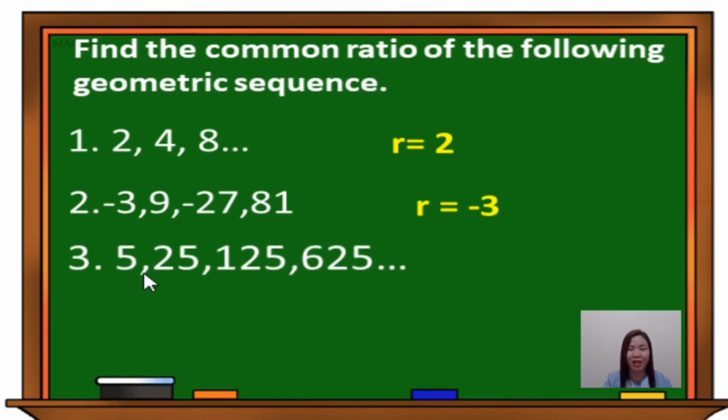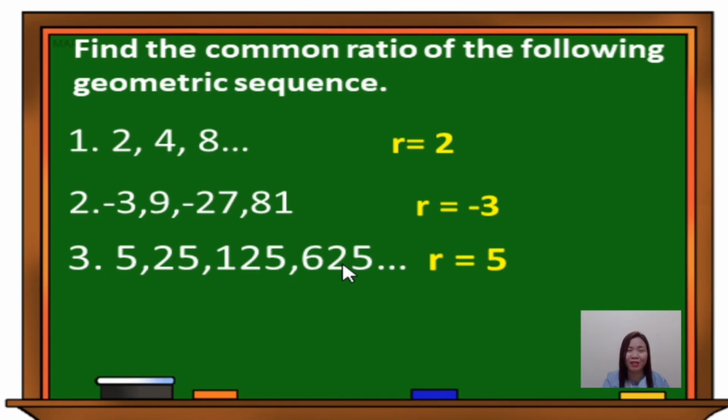If we have 5, 25, 125, 625, what is the common ratio? Okay, and the common ratio for that is, and the correct answer is 5.